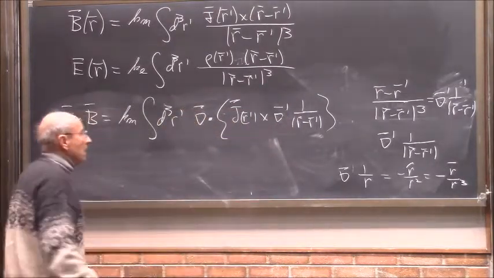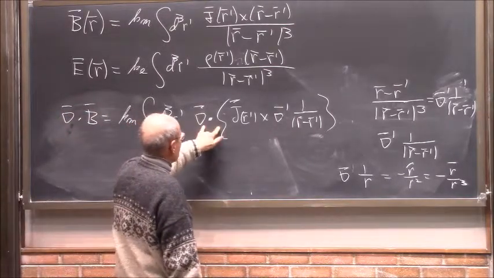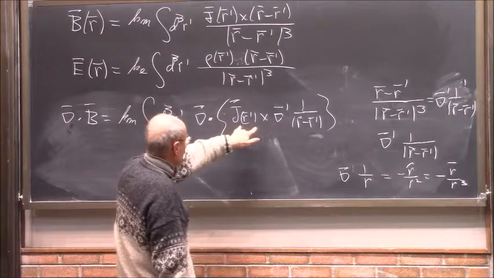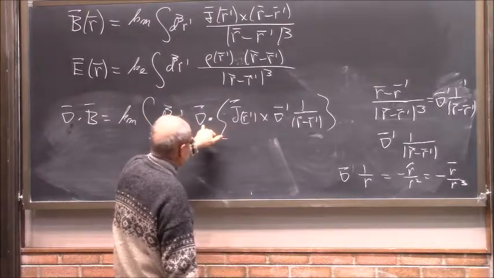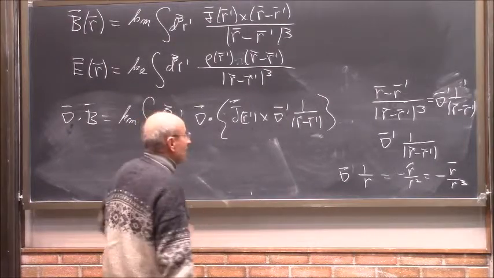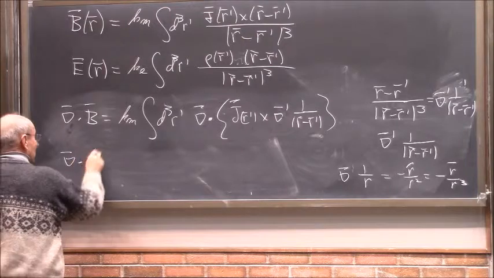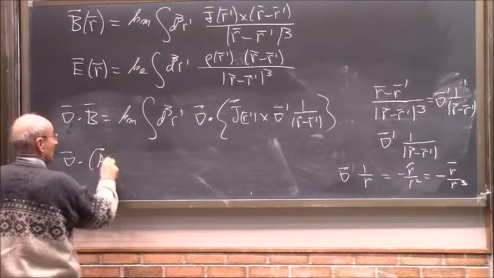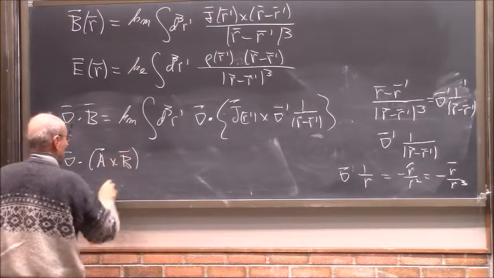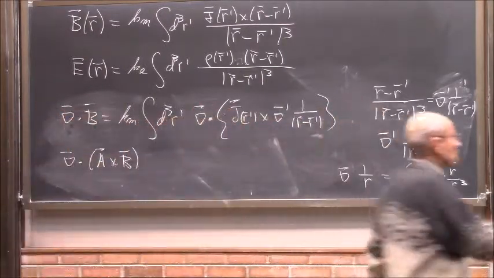Okay? Now, we have to calculate the del dot of the product of two vectors. So we have to calculate del dot A cross B, the divergence of A cross B. Well, we know how to do that.